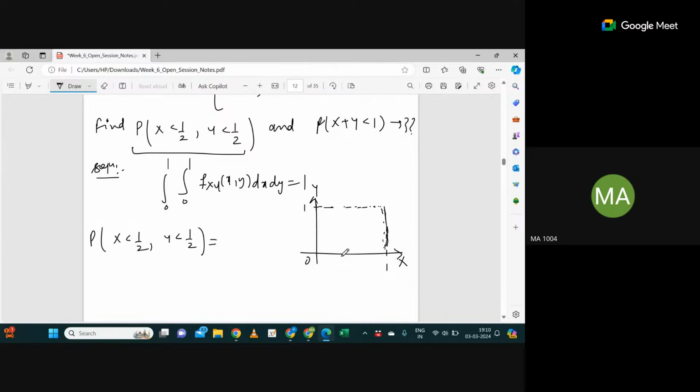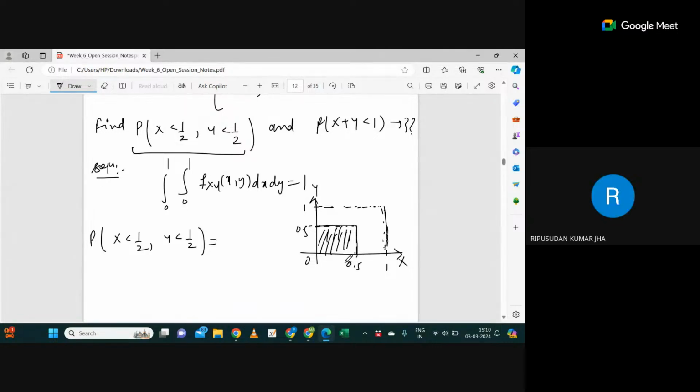Yes or no? And here x is less than half, so this will be 0.5 and this will be 0.5. So that means now this is the interested region where we have to calculate the area, right? Yes or no? Yes, sir.